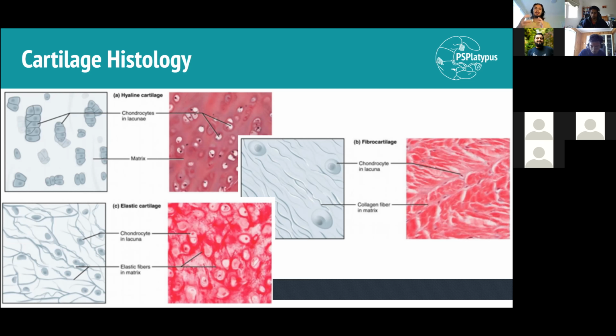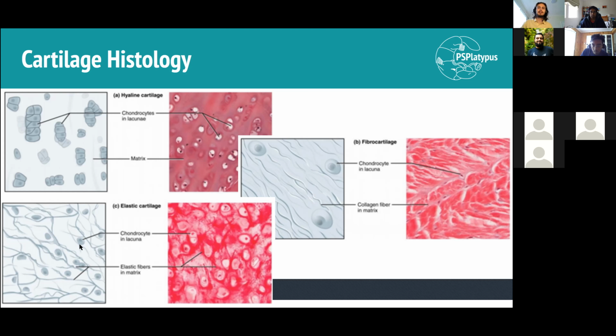A key thing with chondrocytes is that since they're in these lacunae, they can't actually really move much. So they're stuck where they are, and that will be relevant in tissue repair as well, which is the final slide for me to discuss in this topic.